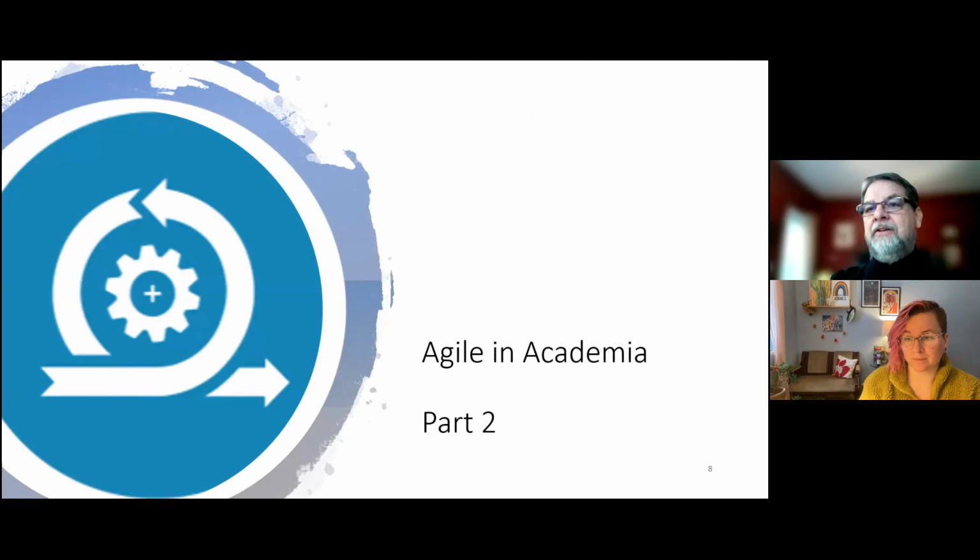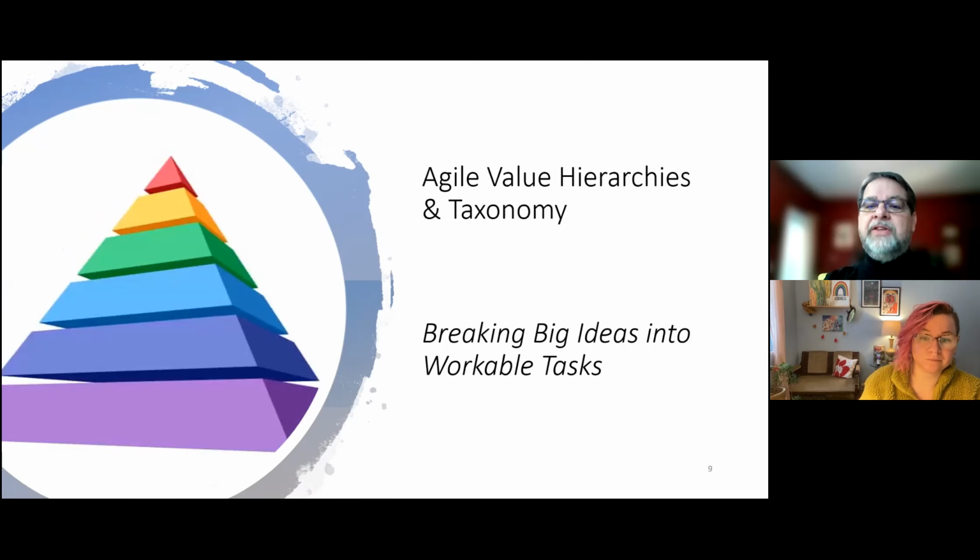And when we get down into the actual academic examples of that, you're going to see that we've adapted many things that we do in industry to academia because it's unique in its practices, in its applications. But still, at the end of the day, you can be Lean Agile and do it differently. All right, so understanding that all work is work, all projects, whether in industry or academia, it's work.